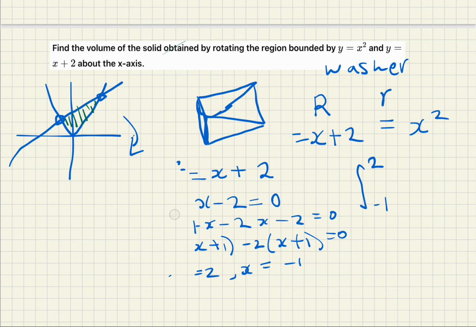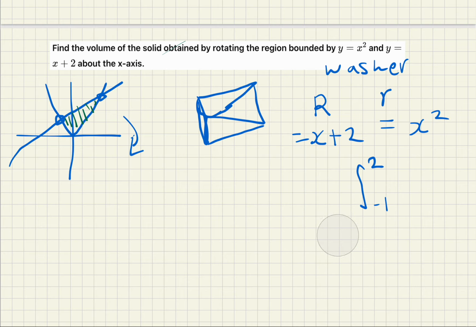And so after doing all of that, we now know our bounds, we know our uppercase and lowercase r values, and so now we can plug it in. The equation is pi times the integral of large R squared minus small r squared dx.